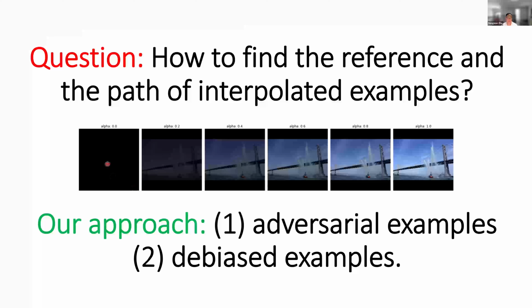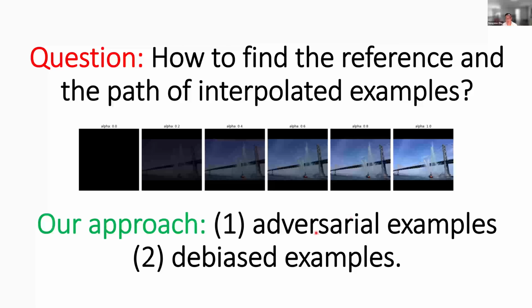So of course the naive approach here is to use black or white as the reference, but actually this is not justified. So what we use here is our adversarial examples and also debiased examples. In a nutshell, we try to perturb the image to make it misclassified as another label.